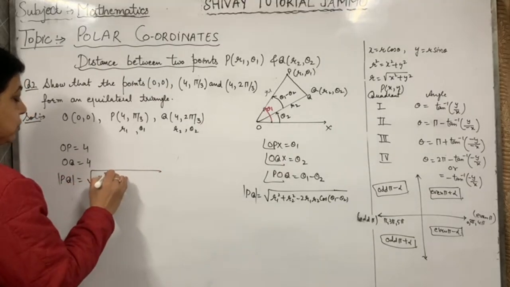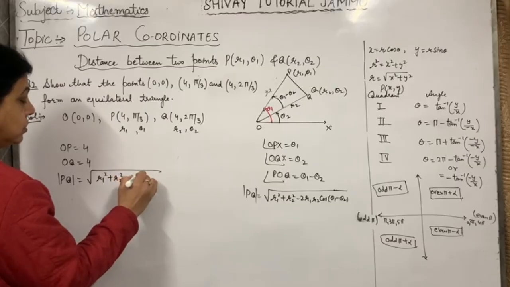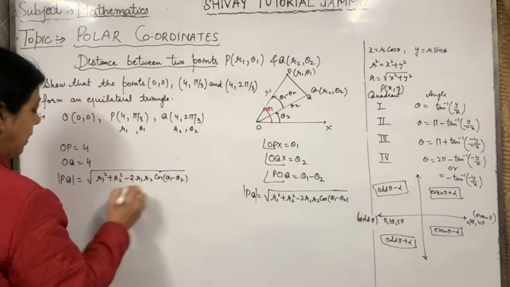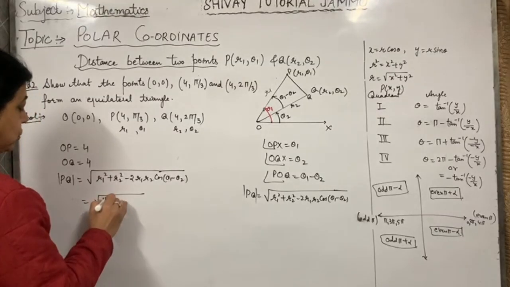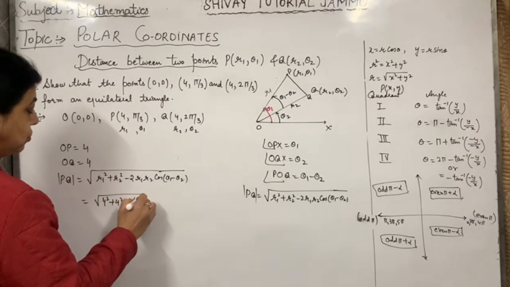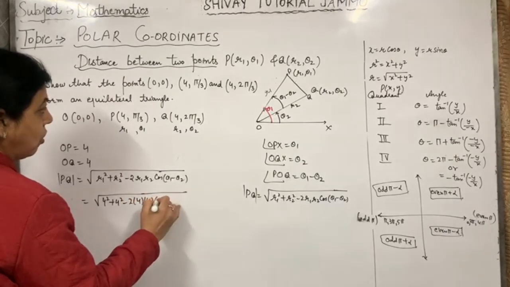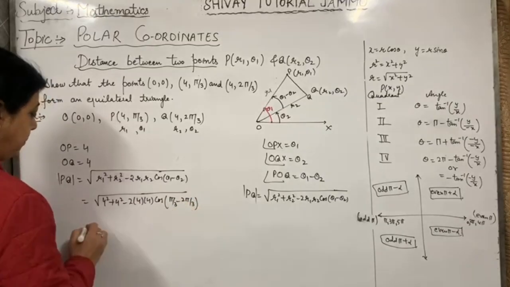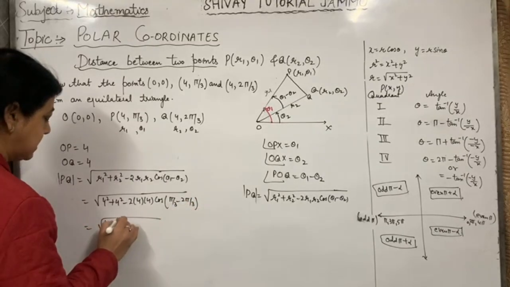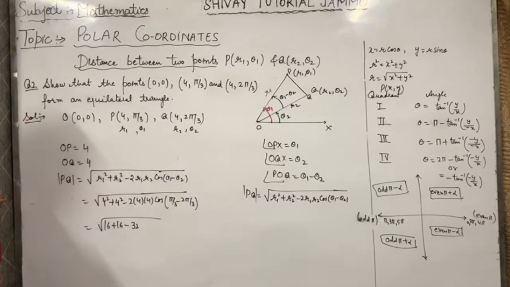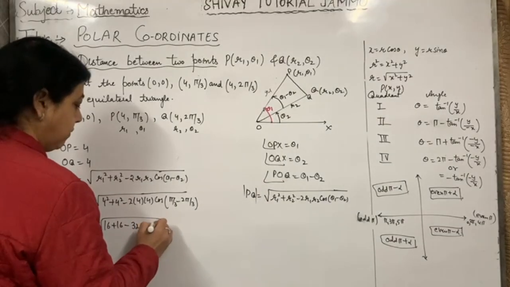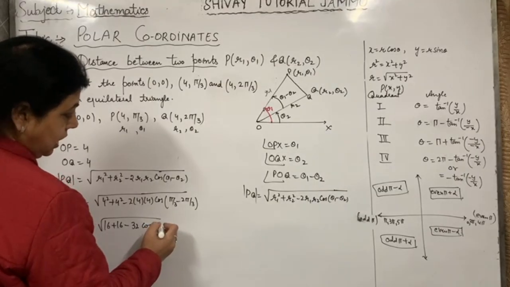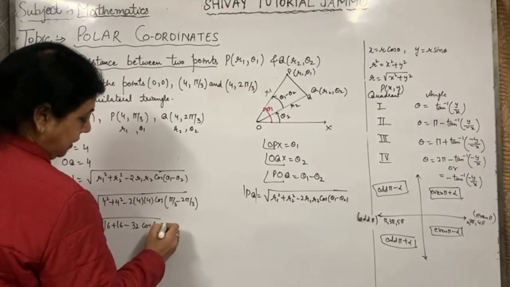It will be r1 square plus r2 square minus 2 r1 r2 cos (theta 1 minus theta 2). Clear? Okay. This is 4 square plus 4 square minus 2, 4 into 4 cos (pi by 3 minus 2 pi by 3). This is 16 plus 16 minus 32 cos. We will take LCM, 3 pi minus 2 pi by 3, that will be minus pi by 3.